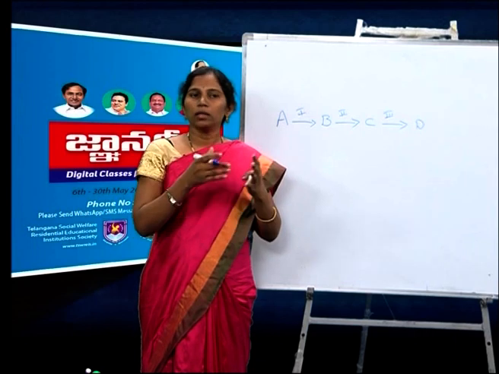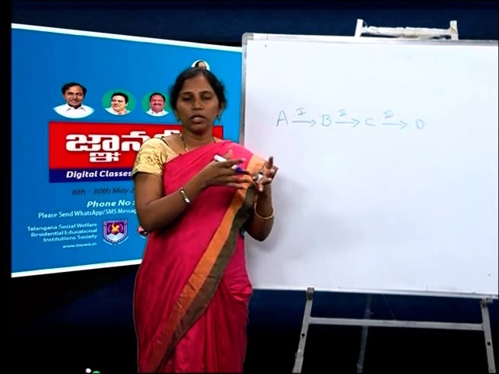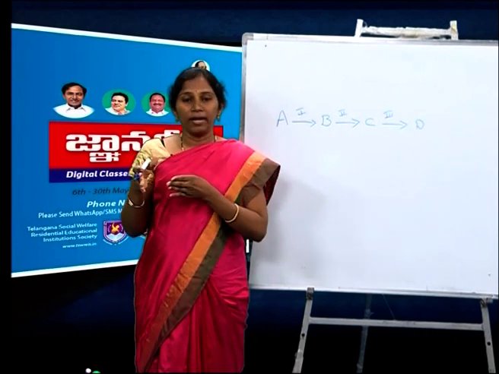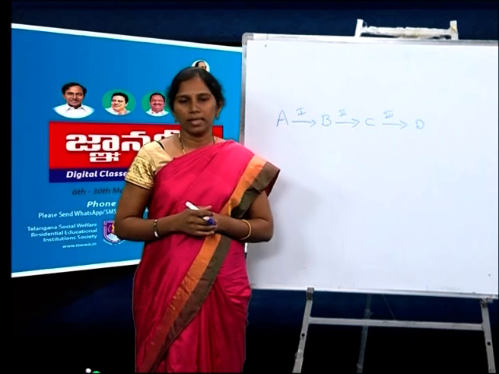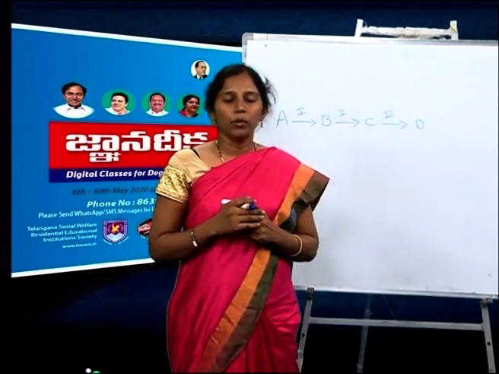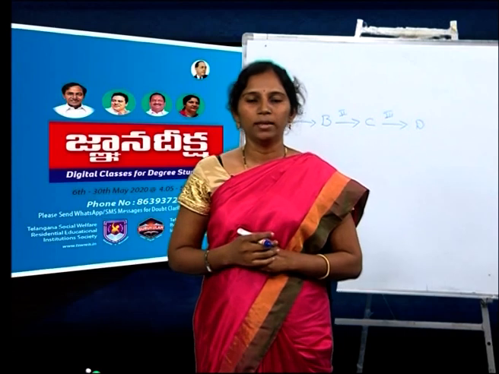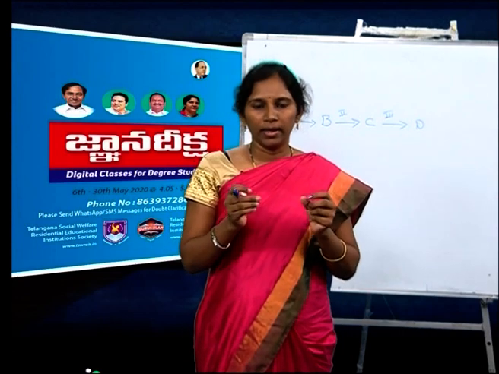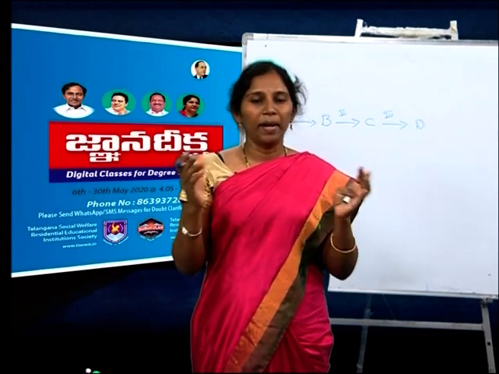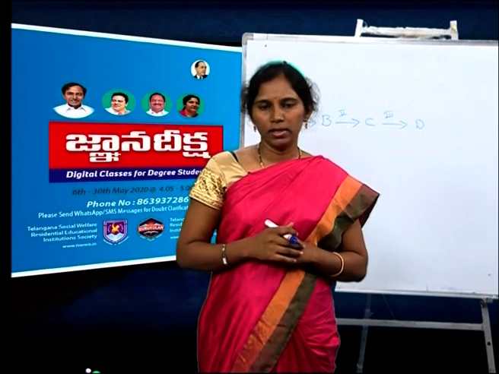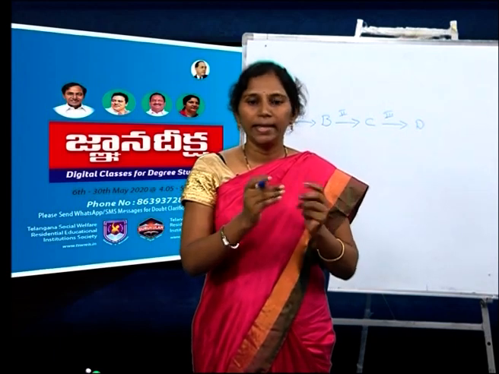Some other drugs involve 50 to 70 steps for their synthesis. From this, you can come to a conclusion, dear students, that the synthesis of a drug involves synthesis of plenty of organic molecules which should be structurally determined.